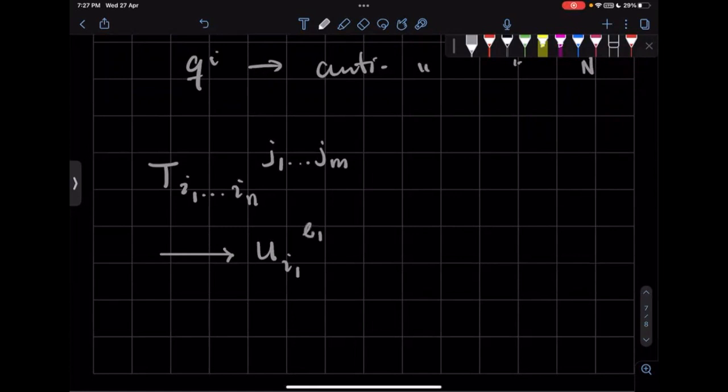So we get U_{i1 l1}, U_{i2 l2}, dot dot dot, U_{in ln}.